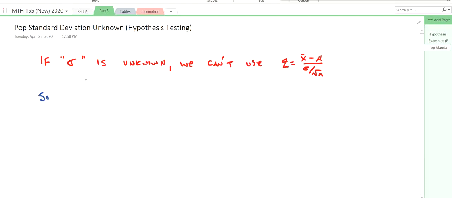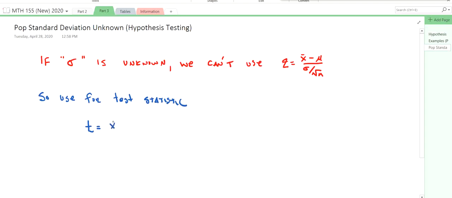So in place of z, we'll do the analysis in the exact same way, but we're going to use the t term for our test statistic.